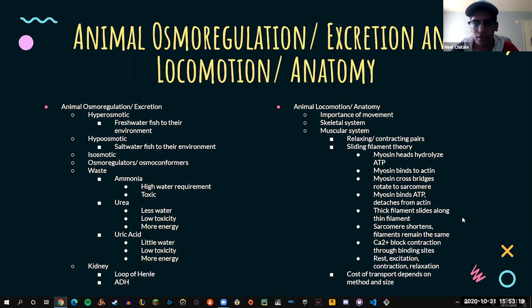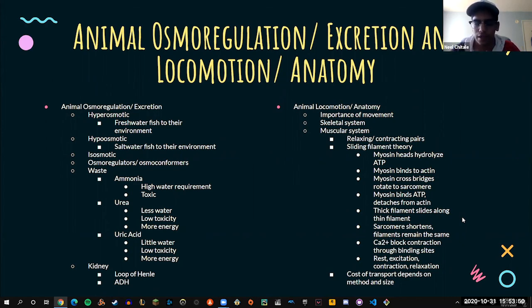And so the final thing about locomotion is that obviously there's a cost of transport that we talk about when you need to contract your muscles and move around, because every movement, simple or big, requires that muscle contraction that we talked about in the sliding filament theory, and that obviously requires ATP at multiple steps for it to continue in a cycle.